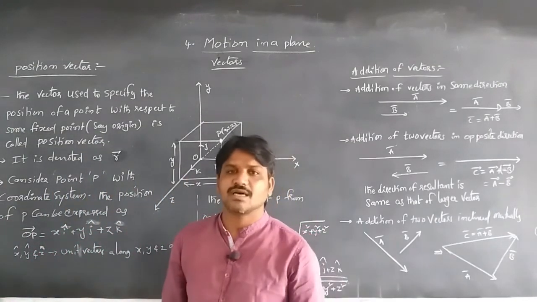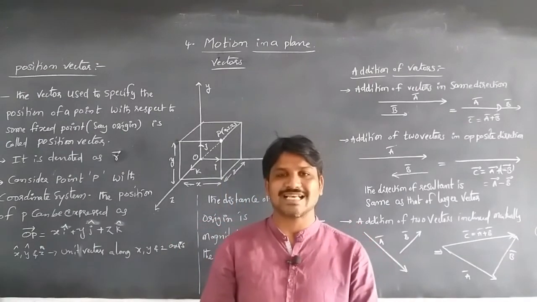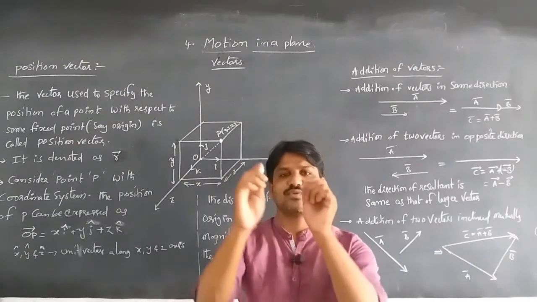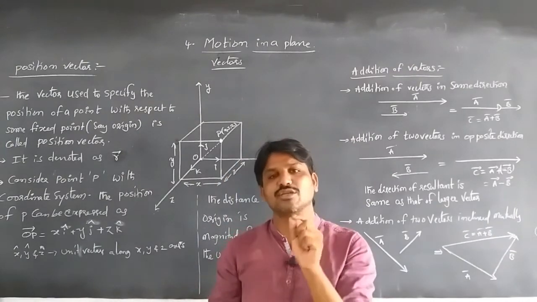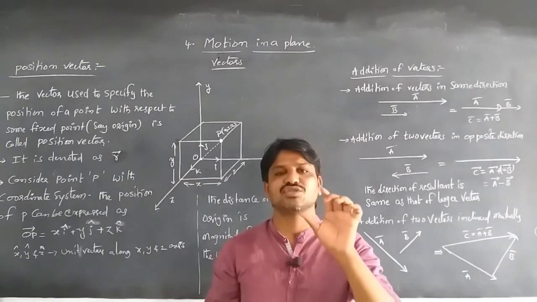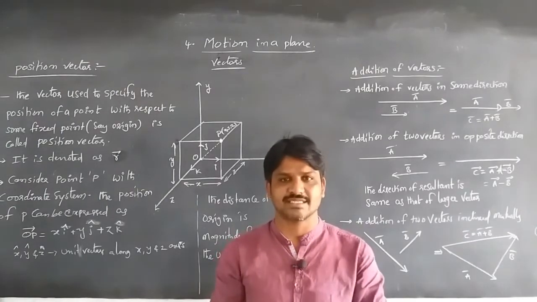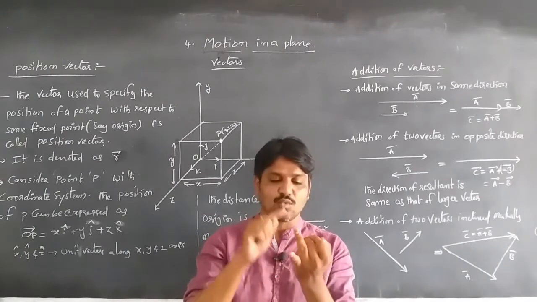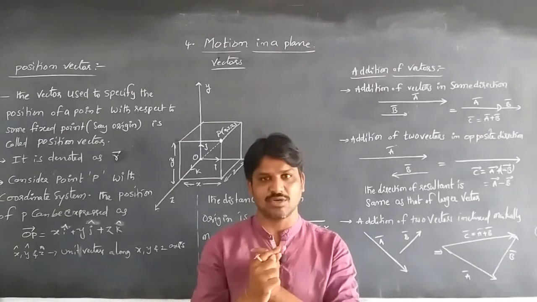If the position of a particle is explained with respect to another fixed point, then the position can be considered according to the coordinate system, meaning the position is explained with respect to the x, y, z axes respectively.